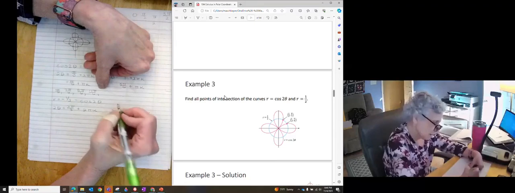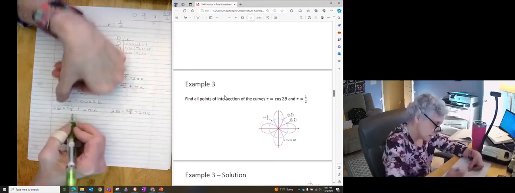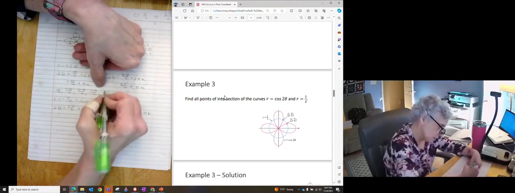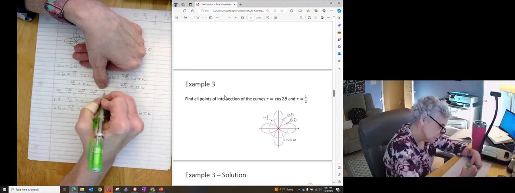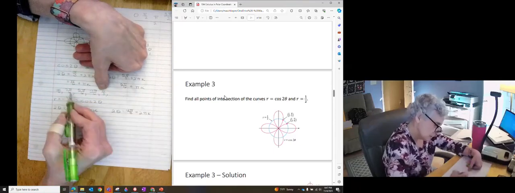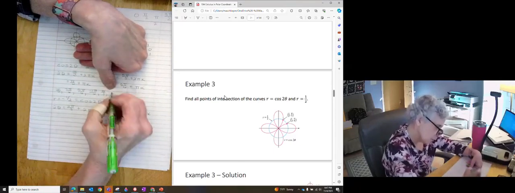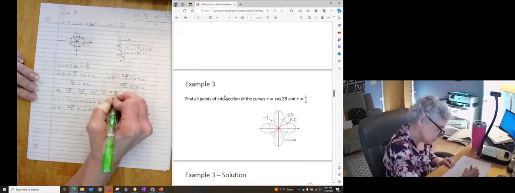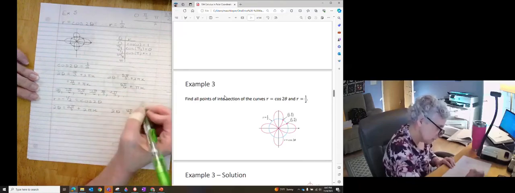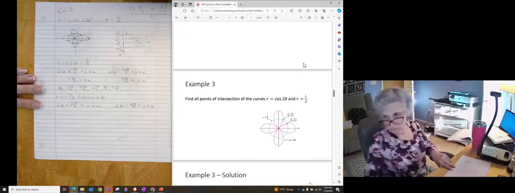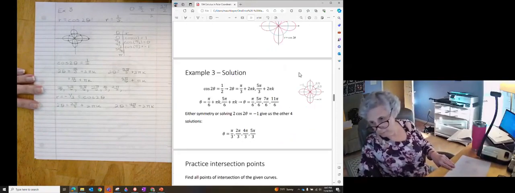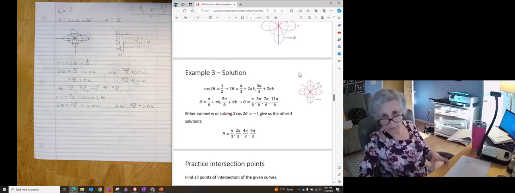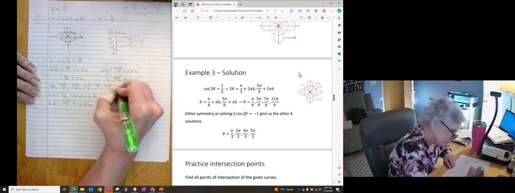And that's how I would get the other answers, which would be 2 pi over 6, 4 pi over 6, and so on: pi over 3, 2 pi over 3, 4 pi over 3, and 5 pi over 3.